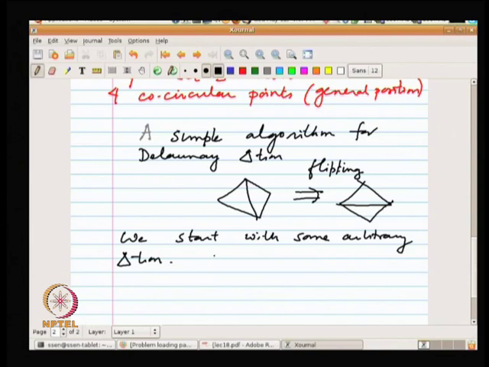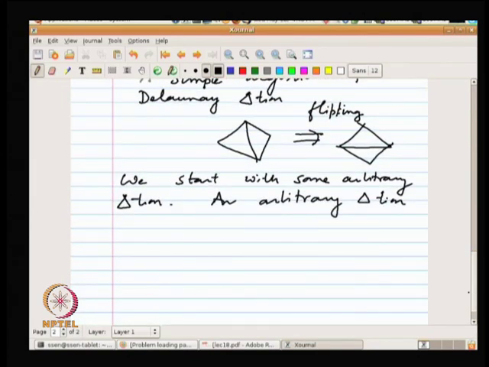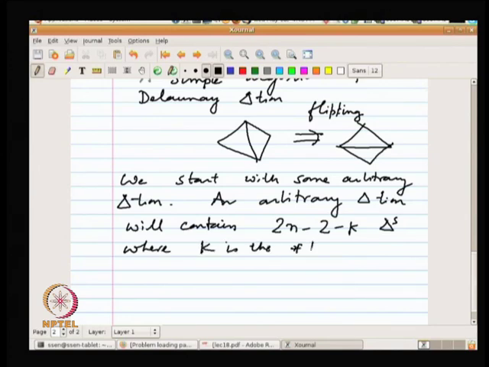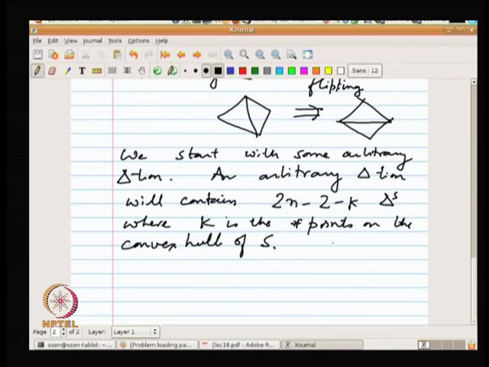Notice that an arbitrary triangulation, using some of the methods that we have learned in the course, will contain about 2n minus 2 minus k triangles, where k is the number of points on the convex hull of S. In other words, we only triangulate the interior of the convex hull.